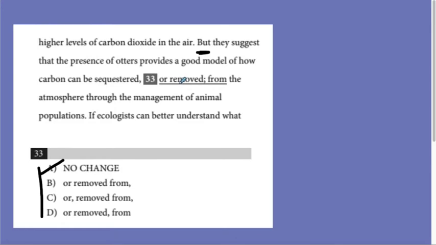So I test that: a good model of how carbon can be sequestered from the atmosphere through the management of animal populations. "Or removed" is an appositive, and so it has to be surrounded by commas. So my answer would be D. Again, I did want to get rid of that semicolon first.